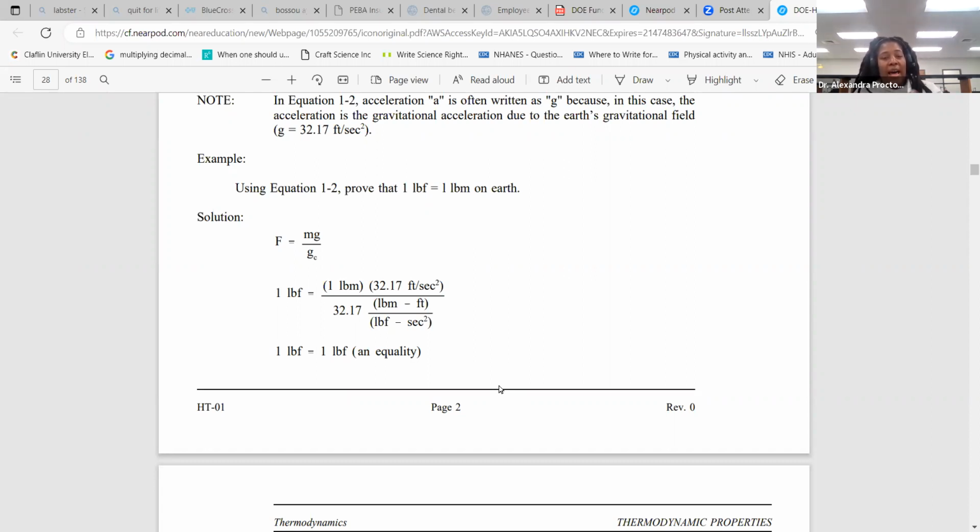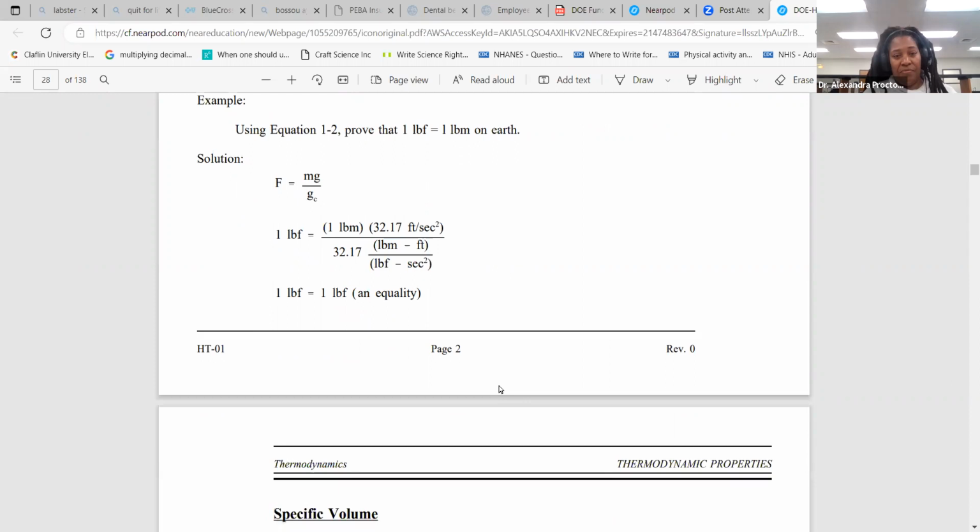And so when they divide everything out, they wind up with 1 pound force is equal to 1 pound force.